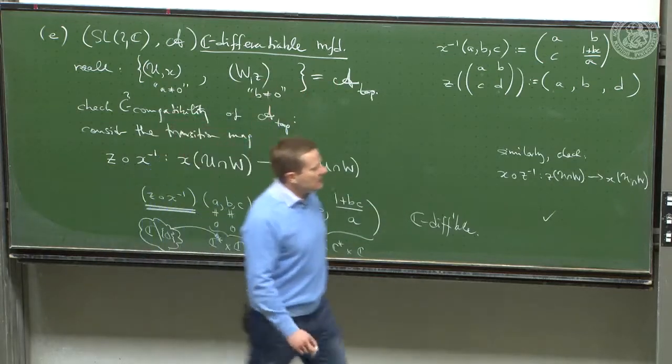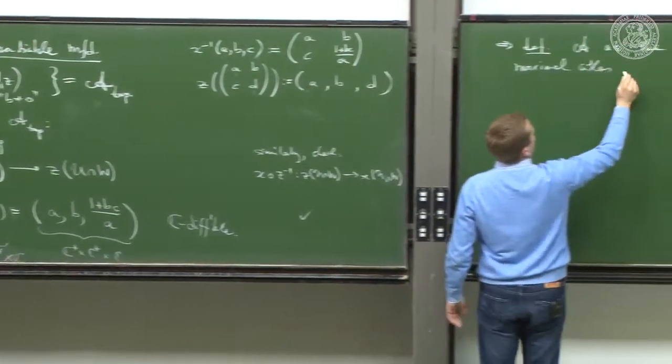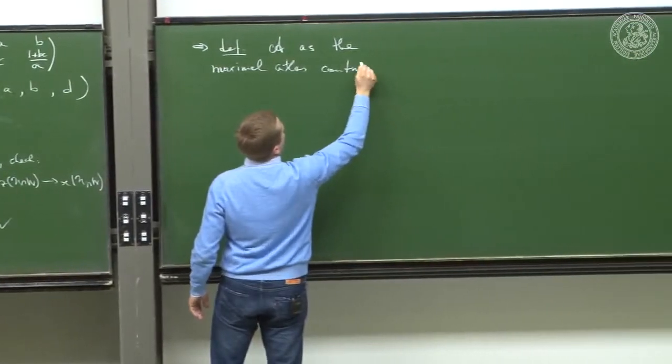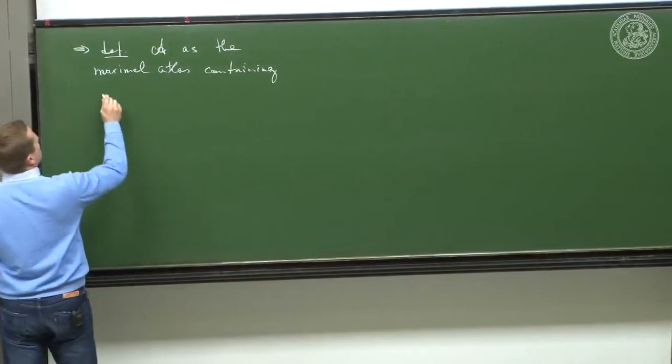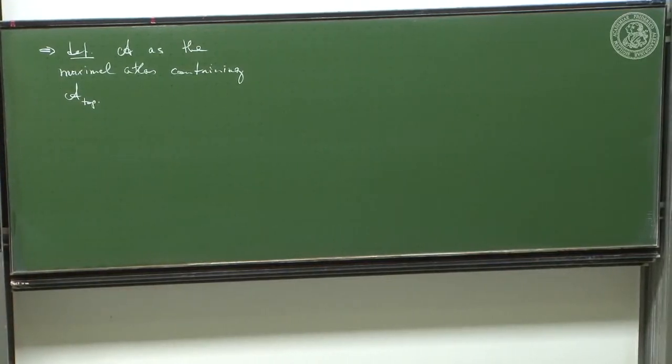Fine. Now, if I have that, you can certainly define uniquely the maximal atlas A as the maximal atlas containing, so the maximal differentiable atlas containing, A top. So you put all the other charts that come to mind also in there that are to the desired degree of differentiability compatible with these charts. Okay, but we never do this explicitly.